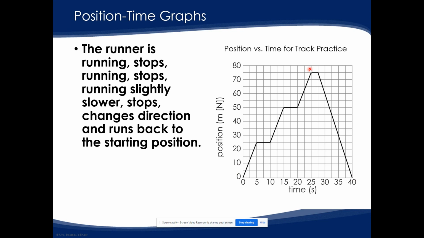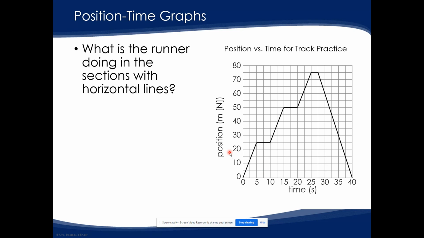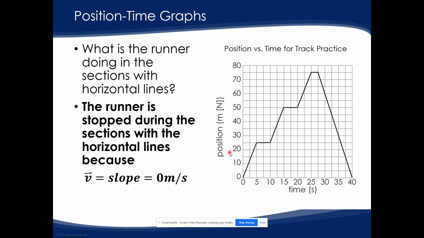Now, this is a really weird interval for someone to be completing, but whatever works. So what are we doing in the sections with horizontal lines? Just taking a 5-second break, because our horizontal sections are 0 slope, meaning our velocity is 0.